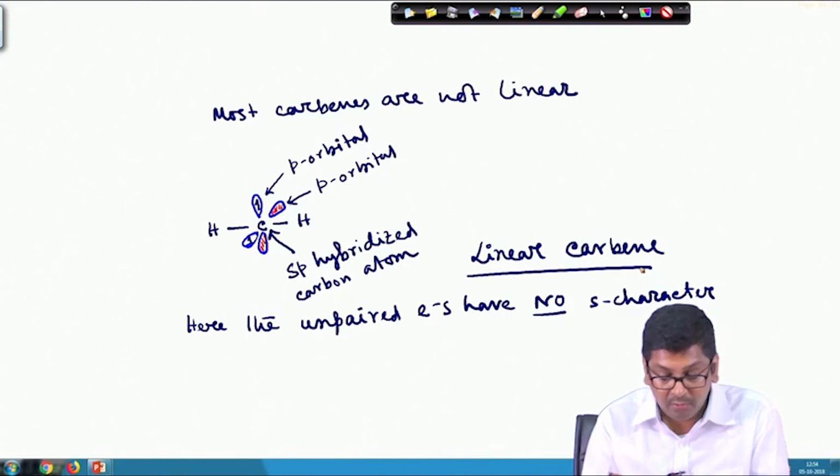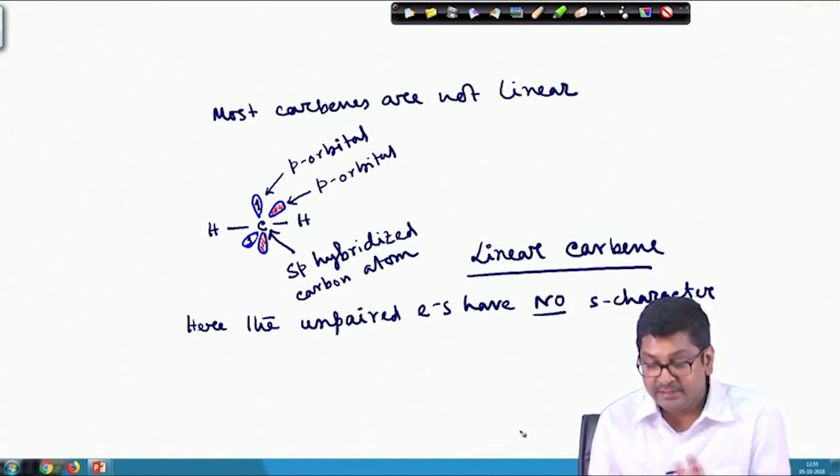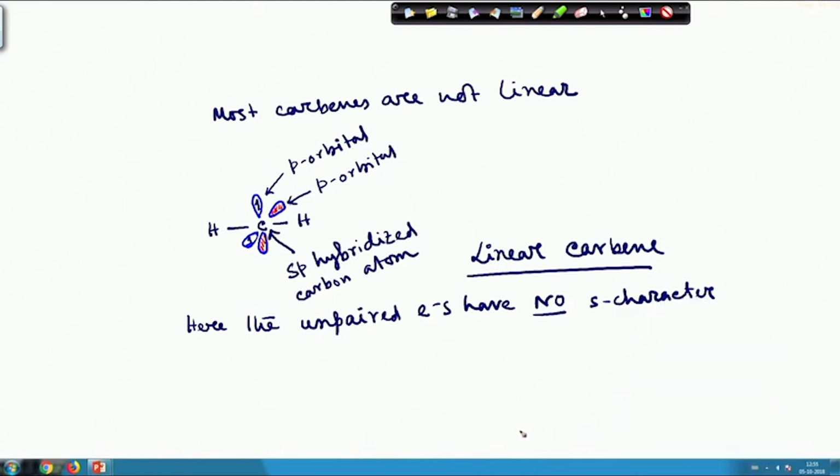So, what we have learned is that there are bent carbenes as well as linear carbenes, even though the linear ones do not have so much existence. Still, this is the linear carbene structure and it looks like this.